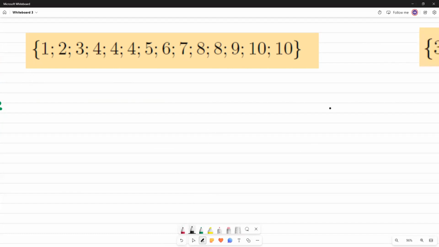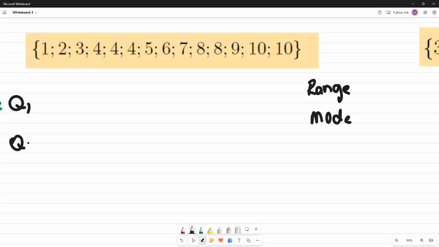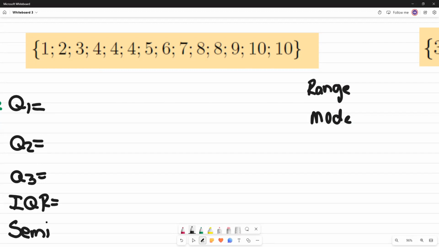I'm going to write here: range, mode. Then here I'm going to say Q1, Q2, Q3, IQR, and then semi IQR.